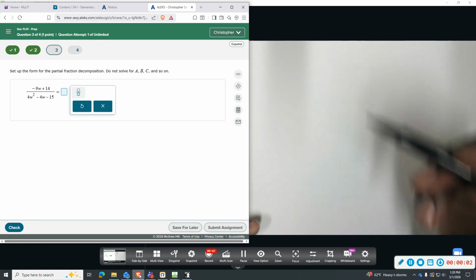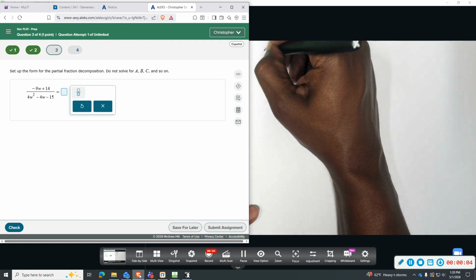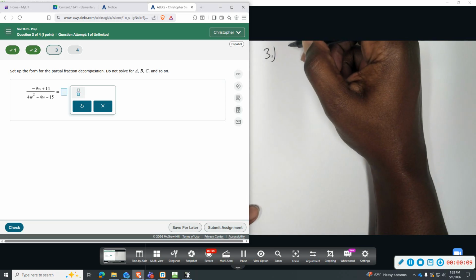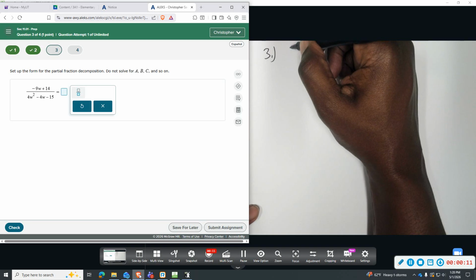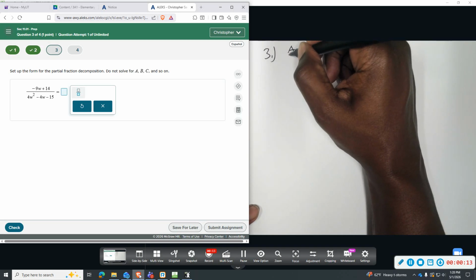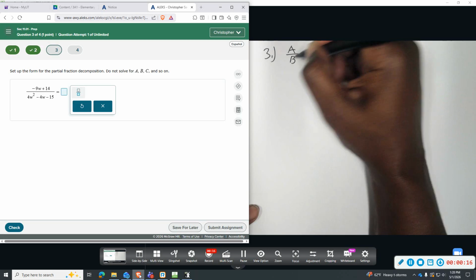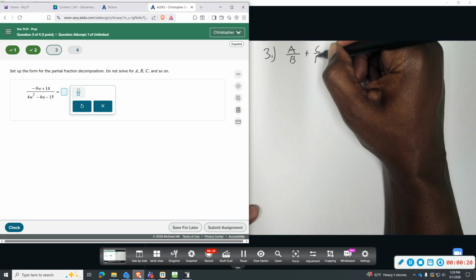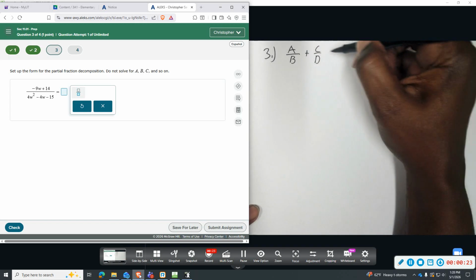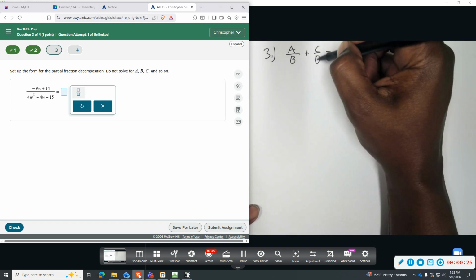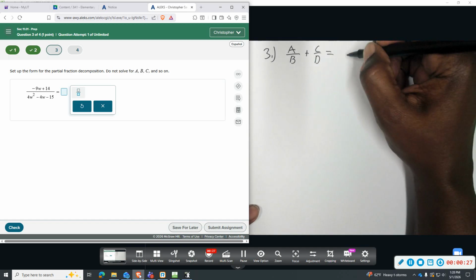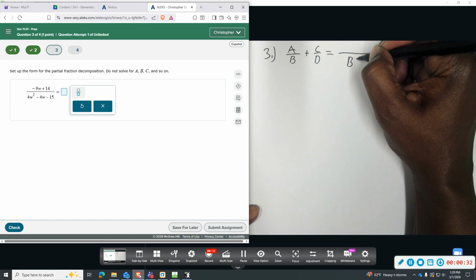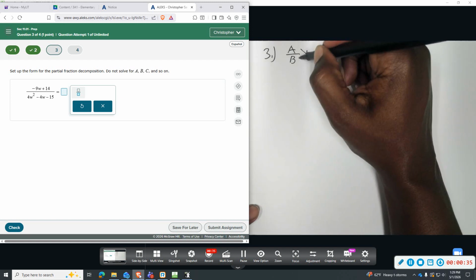All right, number 3, we want to set up this problem, the partial fraction. So basically what it's saying is that if we have some fractions, let's say a over b, for example, and we were adding some other fractions, c over d, to get a common denominator, we would multiply the denominators together, giving us b times d, and then you can pretty much cross the tops.